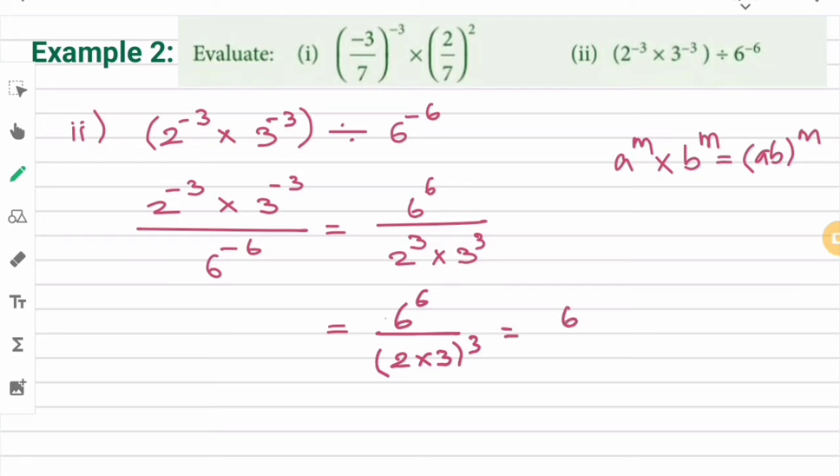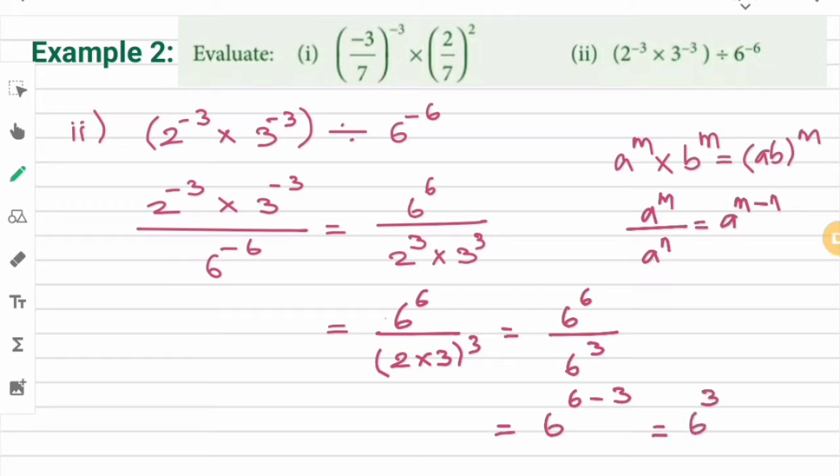So 6 power 6 by 2 3s are 6. 6 power 3. And we are having a same base. The two are in a division. So I am going to apply the rule. What? A power m by a power n is equal to a power m minus n. So it will become 6 power, sorry, 6 minus 3. Then you will get 6 power 3.